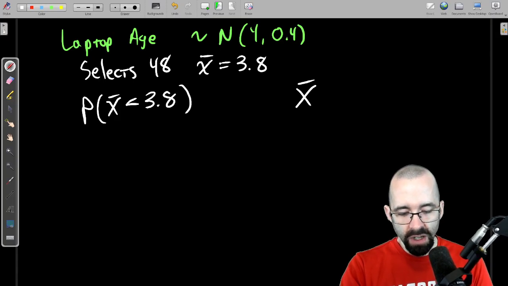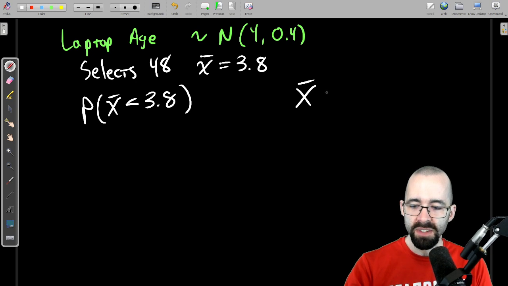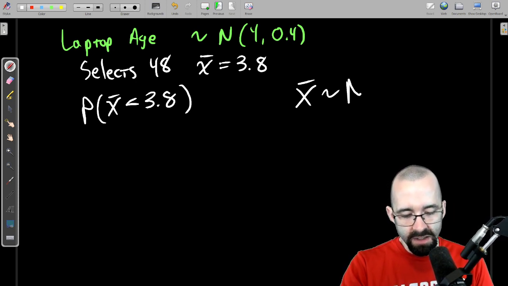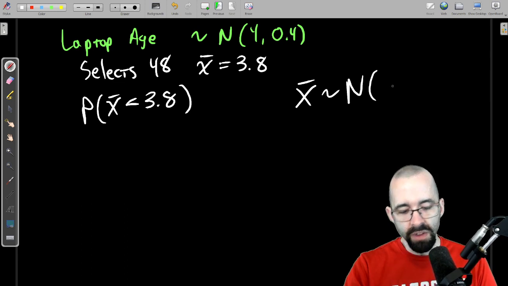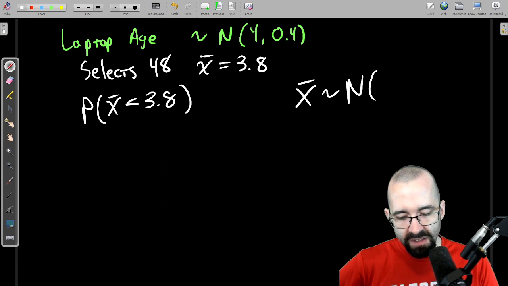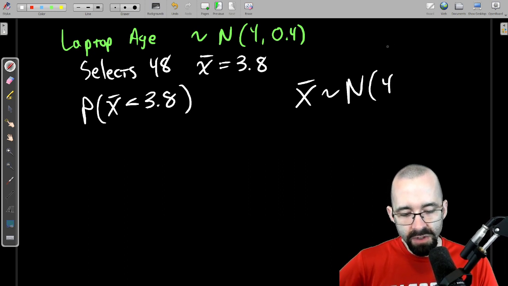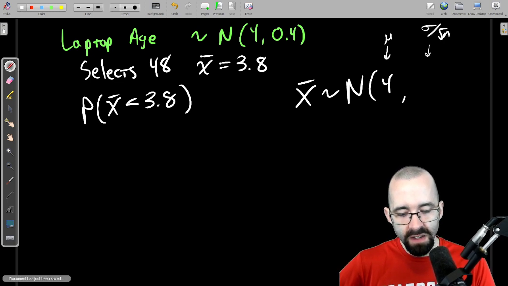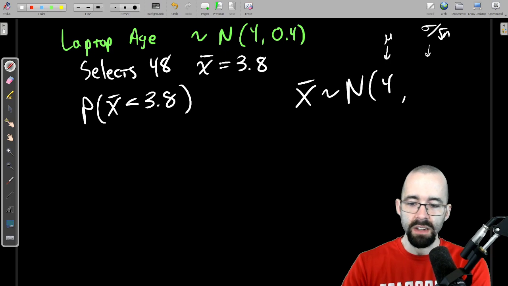Well, for time purposes, I don't want to go through the central limit theorem again in this video, but we could do so. It's important to do. We know that the mean of the sampling distribution for X bar is going to be the same as the mean of the parent population. And the standard deviation is going to be sigma divided by the square root of n, and n is 48.